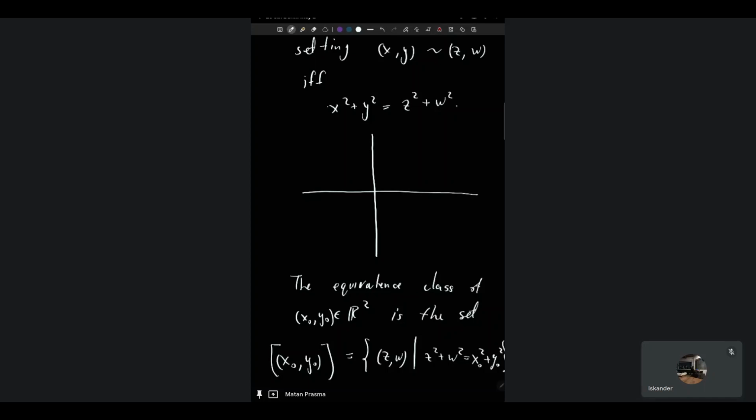So let me denote x0 squared plus y0 squared as r0 squared.